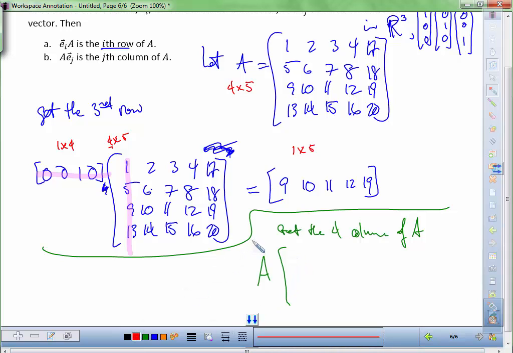Wait, let's get the sizes down again. A is a 4 by 5 matrix. What kind of vector do I want if I'm going to multiply on the right? A 1 by 5, or 1 by 4, 5 by 1, or 4 by 1? I want a what? 5. It has to match, right? By 1. So this will have 5 rows.